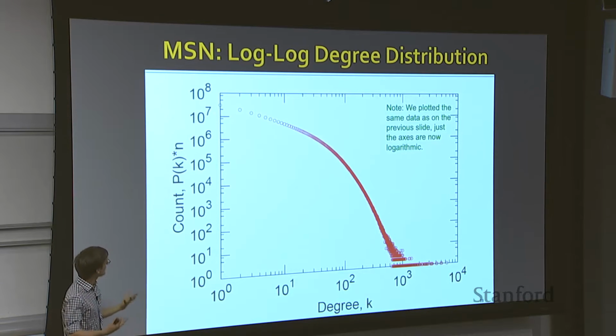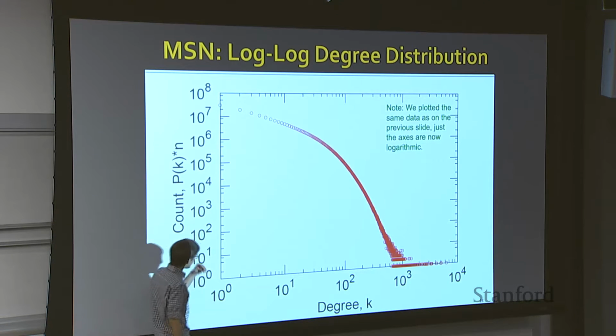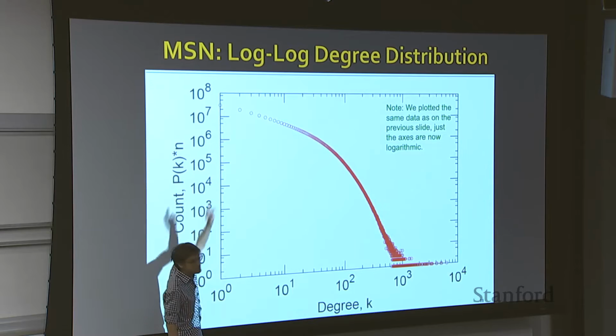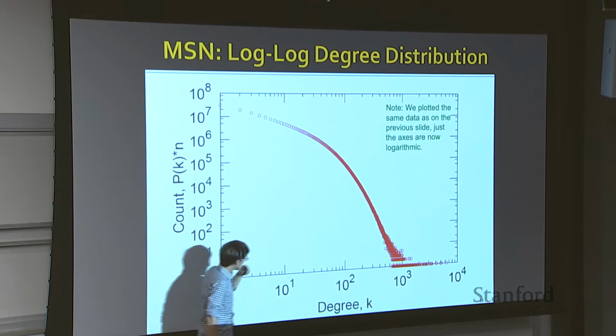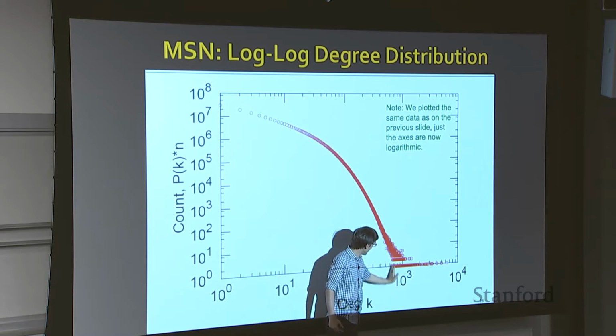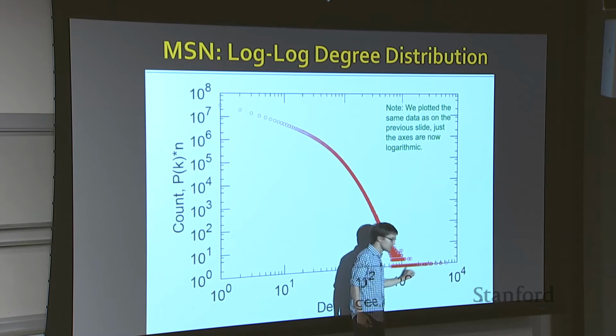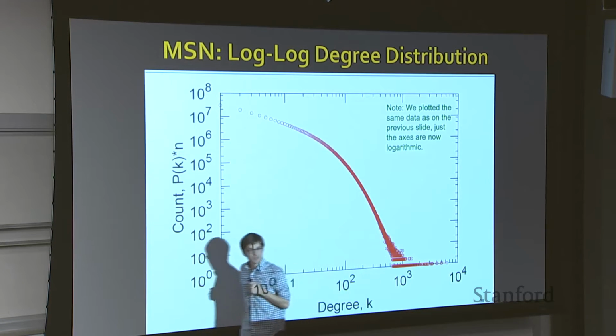What we learn from this is that the majority of people have very small degree. The number of people with degree 2 is, I don't know, 20 million or so. But if you ask how many people have degree more than, say, 600 or so, these are just single people. There's one person with that degree.